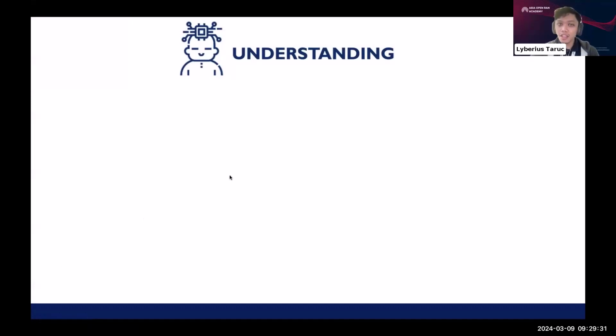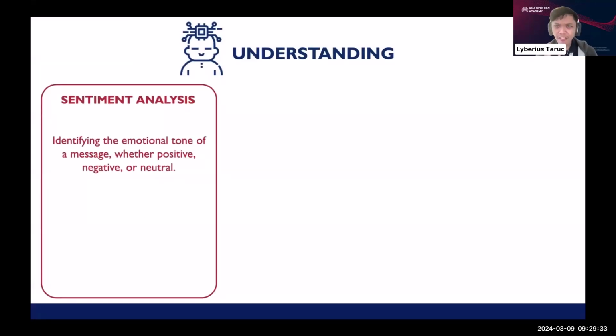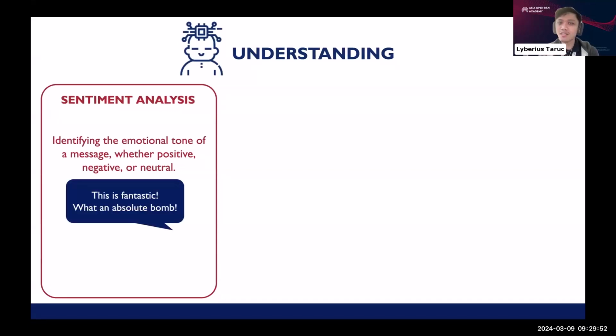Now, more on these three tasks. First off, understanding. I've already mentioned this a while ago, sentiment analysis. This involves identifying the emotional tone of a message, whether positive, negative, or neutral. Meaning, suppose I, as a human being, said something like, "This is fantastic. What an absolute bomb."